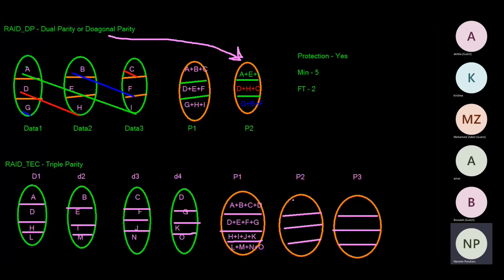Now when it comes to the second parity, it will do the calculations diagonally again. A plus E plus J plus O. Okay, it will do it like this.